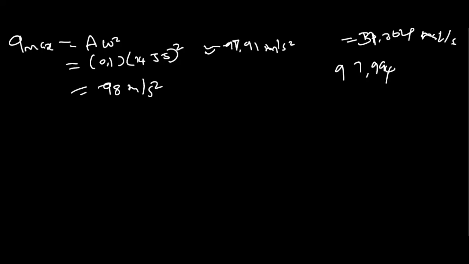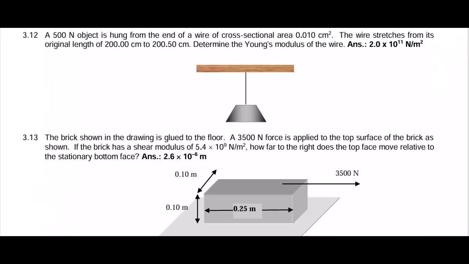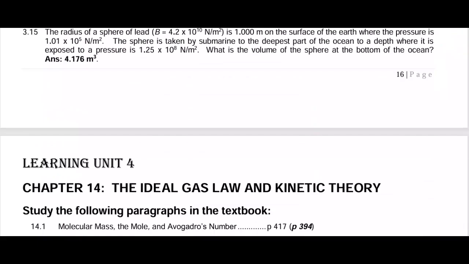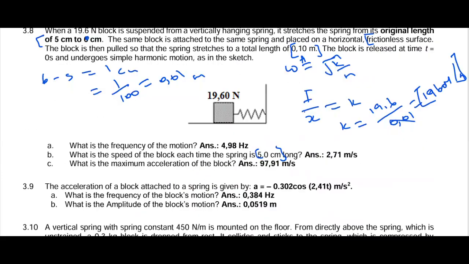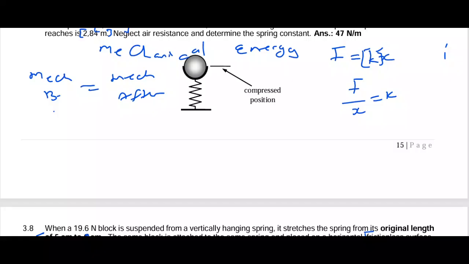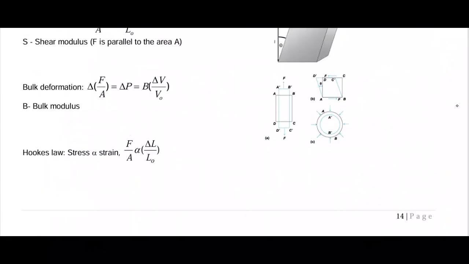So that will be your 3.7 and 3.8. From that part, we're now going to focus on unit 4, which is all about the ideal gases, the ideal gas law, and the kinetic theory. You should also know about deformation.